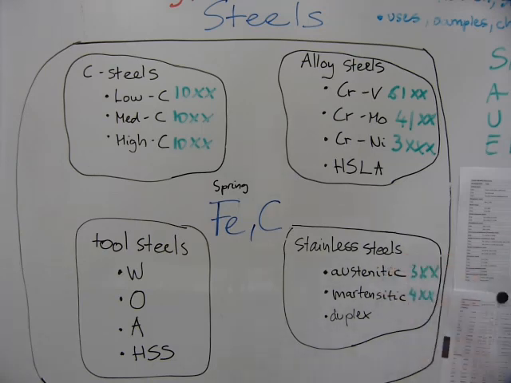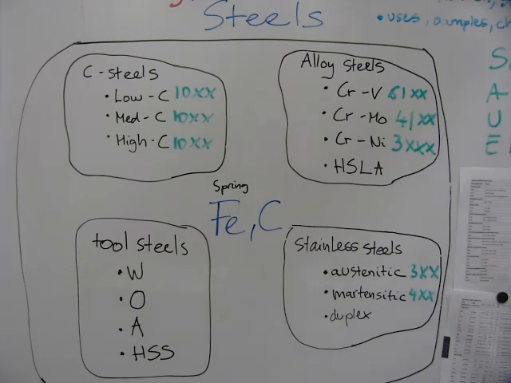Likewise, these are two crystal structures that iron can take up, and duplex just means that that particular group of stainless steels have characteristics of both crystalline structures.